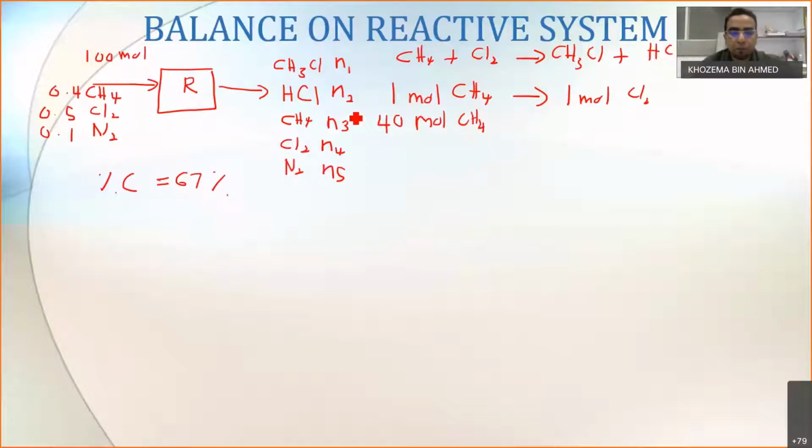So if 40 mole of methane is present, then 40 mole of methane will react with 40 mole of chlorine. Now, for chlorine I have 0.5 times 100, which is 50. So even if all methane is reacted, I only need 40 mole of chlorine, whereas I have 50 mole of chlorine.